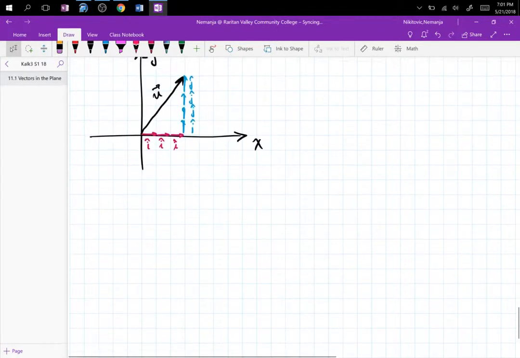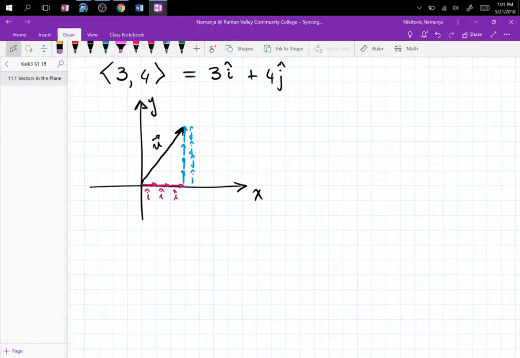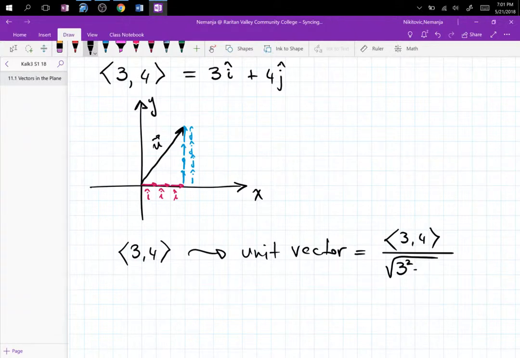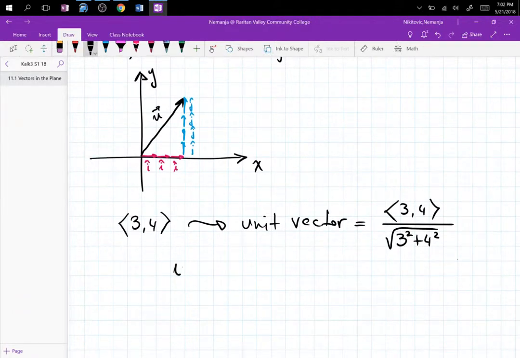So what I can do is I can take this vector 3, 4, and turn it into a unit vector. And I do that by taking 3, 4 and dividing it by the magnitude of 3, 4. So what is the unit vector u? Look at the notation. Notation changed. It has a hat now.